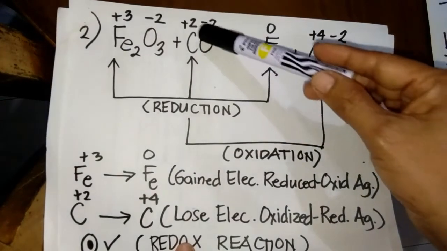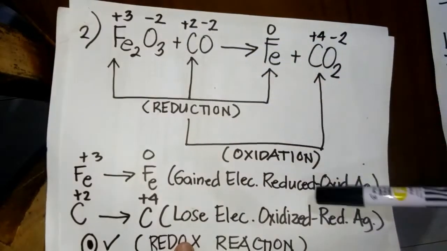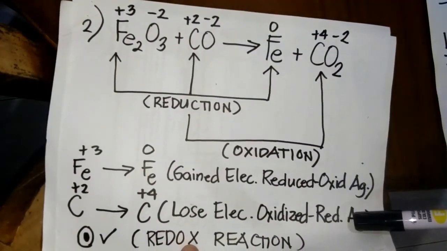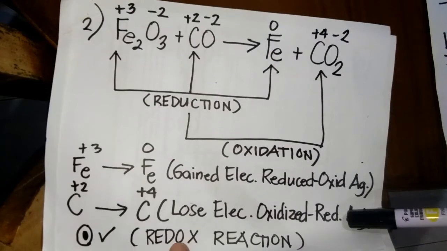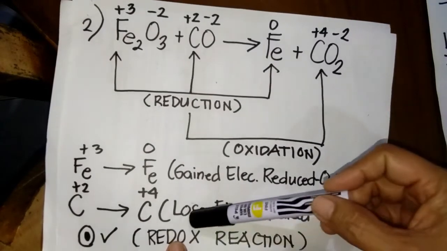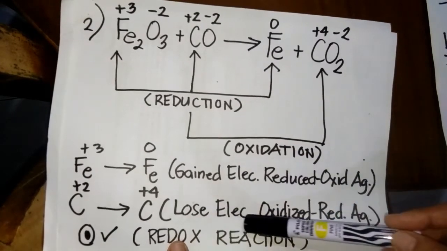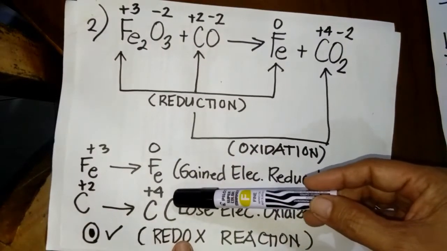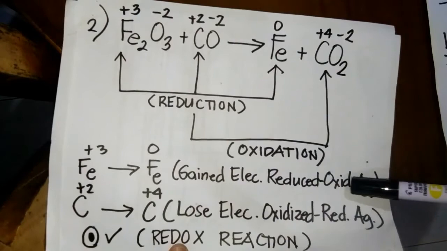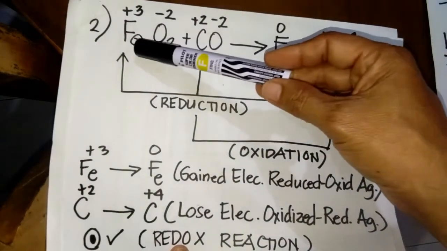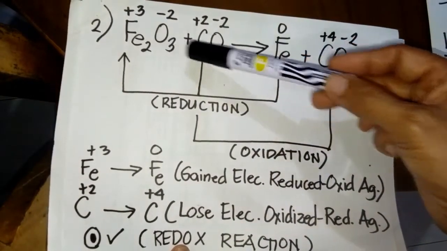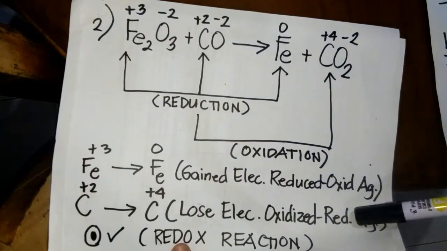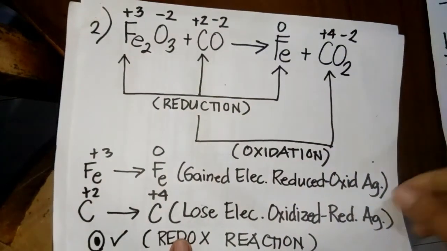Therefore, the carbon monoxide in the reactant side is our reducing agent. Okay, so this is a redox reaction. So, LEO, losing electron is oxidized, from positive 2 to positive 4. So our oxidizing agent is iron, or the Fe2O3, while our reducing agent is the carbon monoxide.